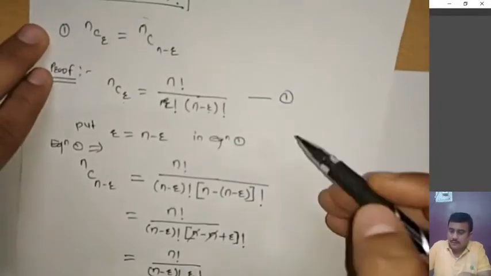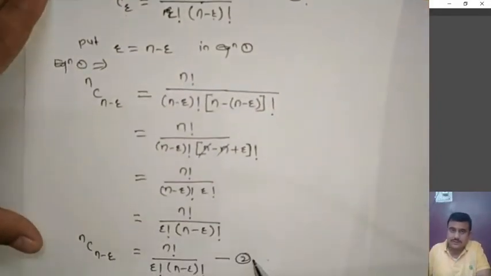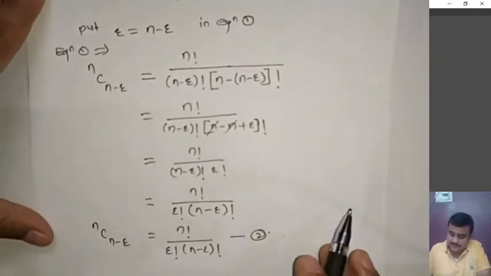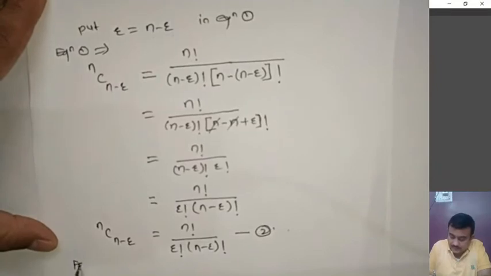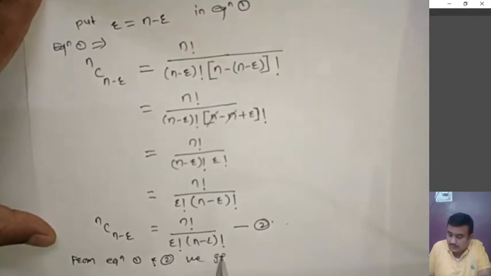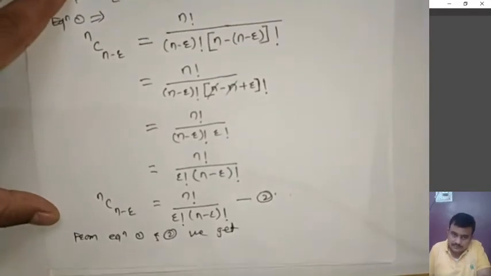So from equation 1 and equation 2, the right hand side of both the equations are the same. That's why we can write from equation 1 and 2 we get nCr equals nC(n minus r).